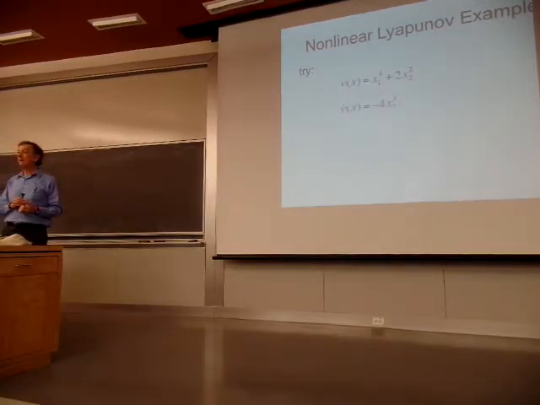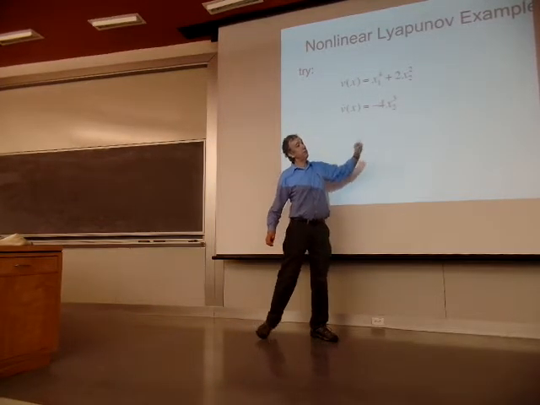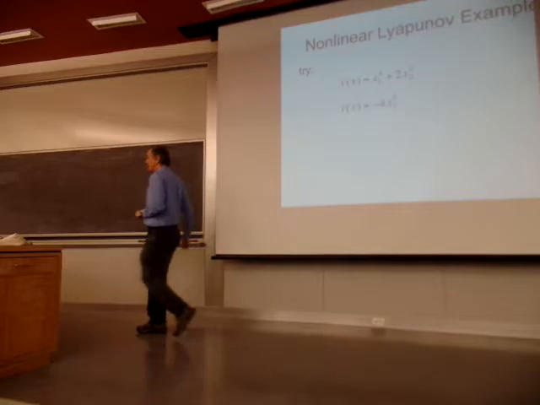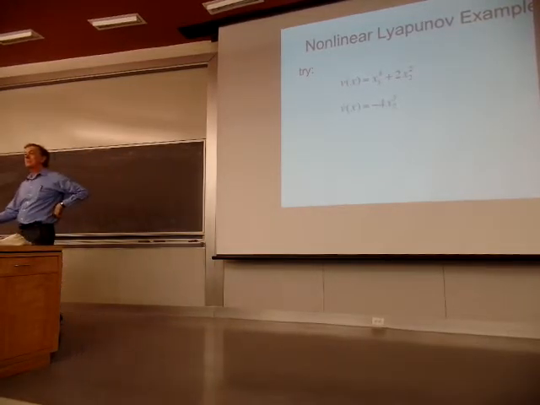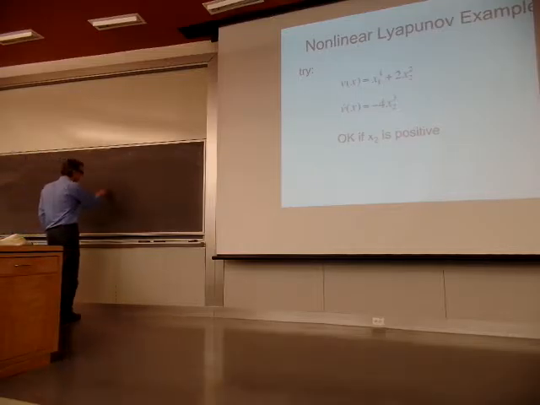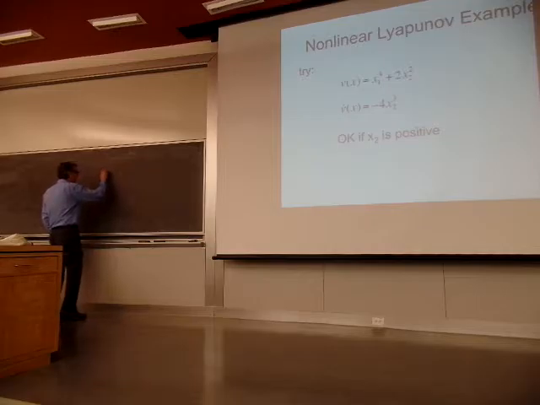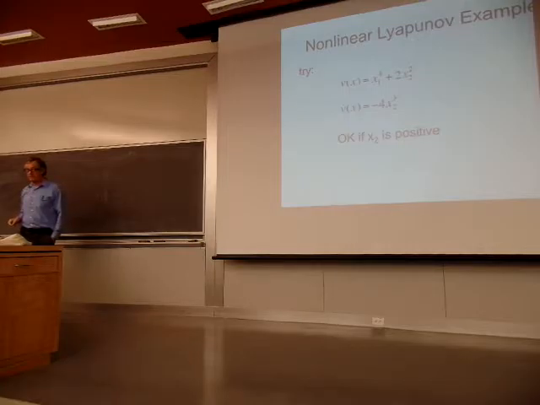Yeah. So I have this x2 cubed, but when will that be negative? Okay, if x2 is positive. What I've done with this nonlinear system, I found a region for stability.